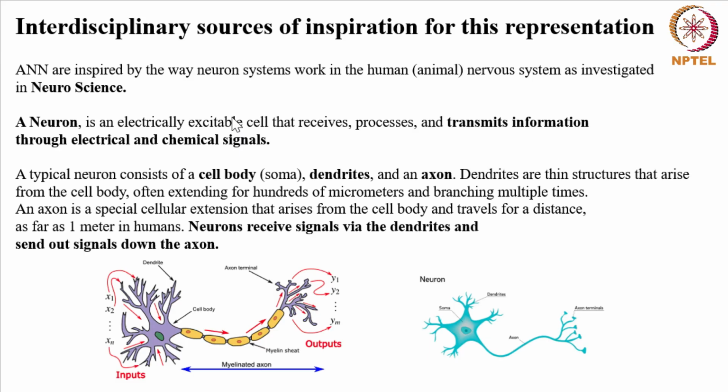And on the output side, you have something called an axon. And an axon is the output organ, so to say, of the neuron. All of these structures are pretty branched and much more complex than in the artificial case.